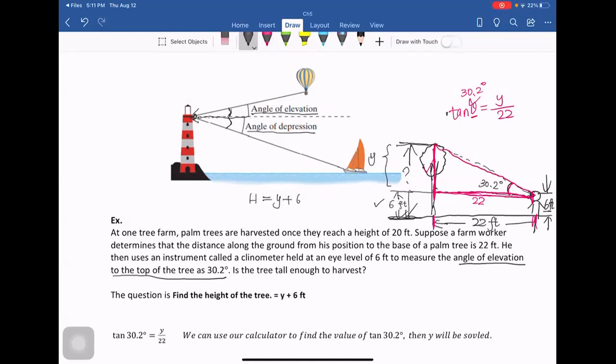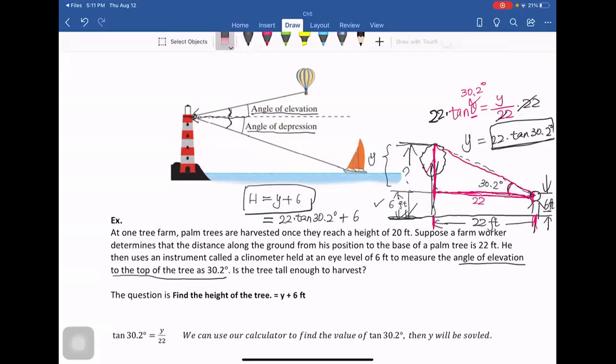So both sides I multiply by 22, so it cancels out. y equals 22 times tangent 30.2 degrees. So this is the y's value. And then go back to this function, h equals 22 times tangent 30.2 degrees plus 6 feet, and use your calculator to find the answer.